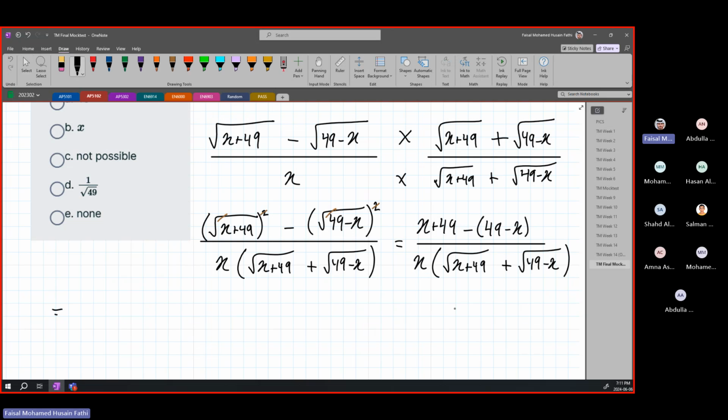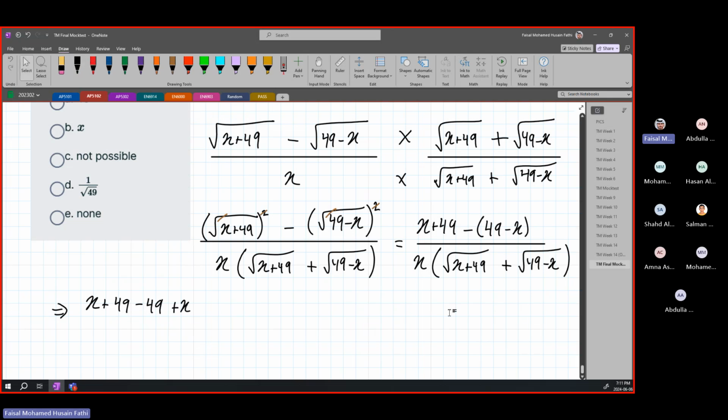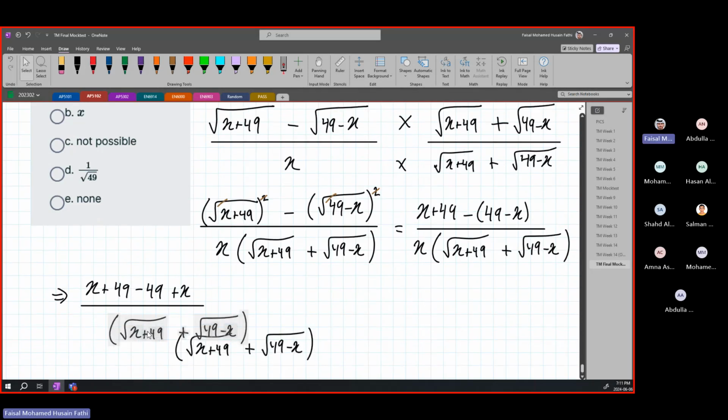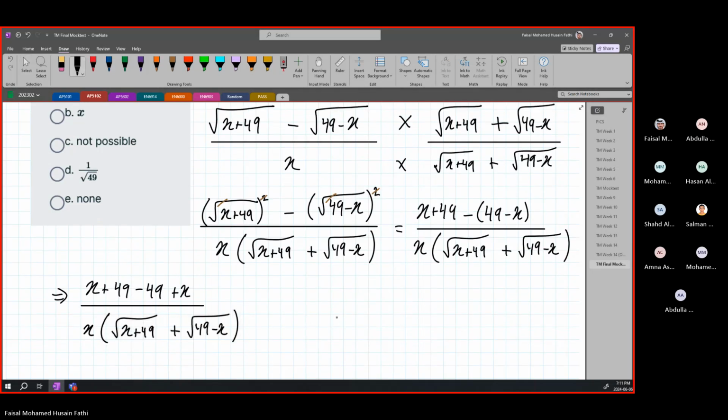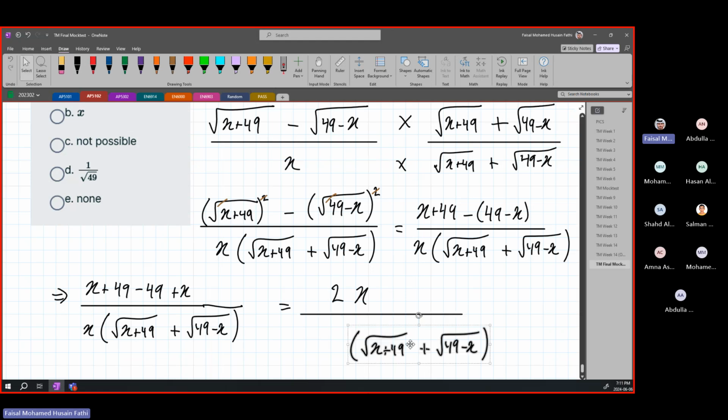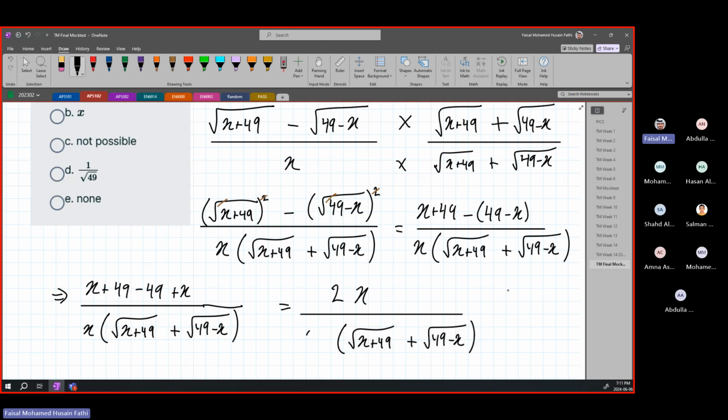Let's simplify the numerator. We are going to get x plus 49 minus 49 plus x, and in the denominator it's going to stay the same, which is x times all of this. So 49 minus 49 becomes 0. We will remain with 2x, x plus x, at the top, and the same denominator at the bottom. But now we can cancel our x's. So this x will go away with this x.